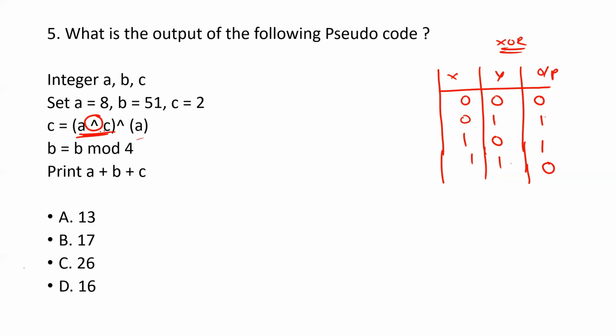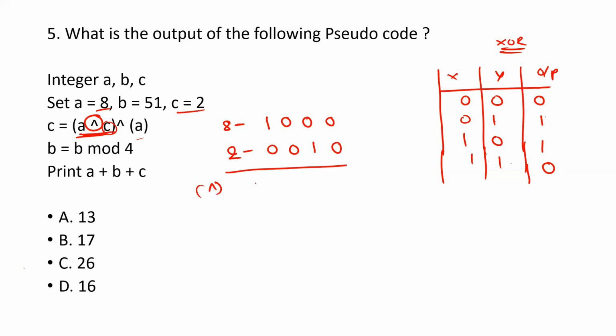So what is the value of A? The value of A is 8. And in binary, how can you represent 8? You can represent 8 as 1000. And what is the value of C here? The value of C is 2. So 2 can be represented using 0010. Now you just have to do XOR.